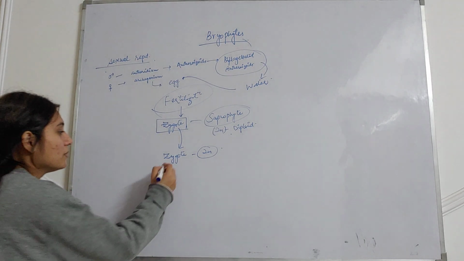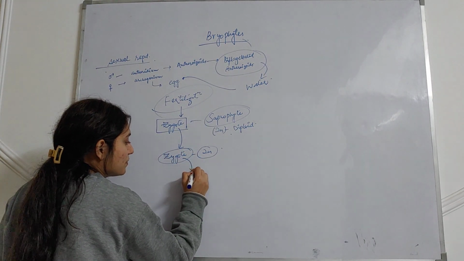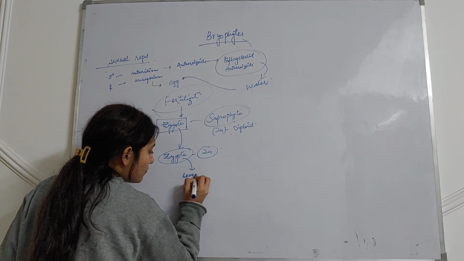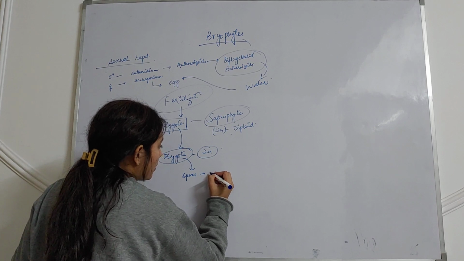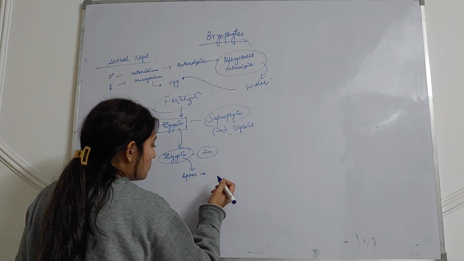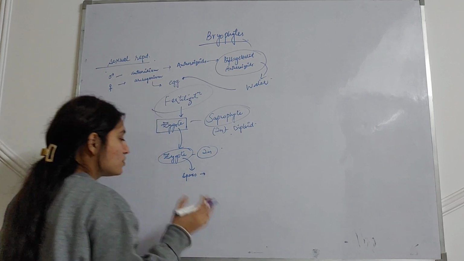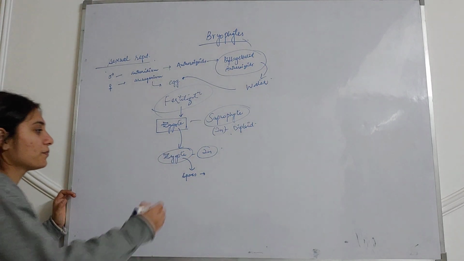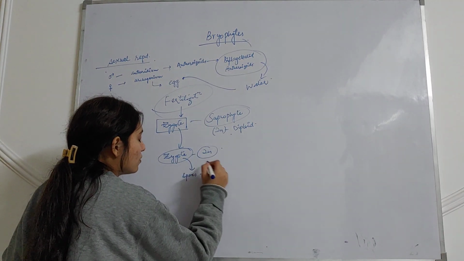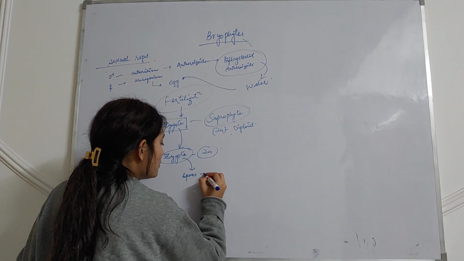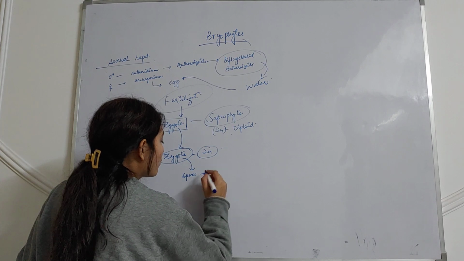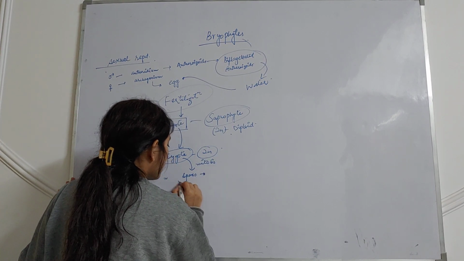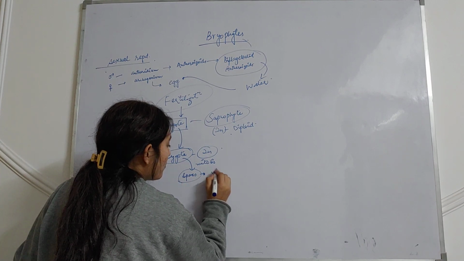After some time, zygote produces spores by reduction division, meiosis. Some cells differentiate and undergo division and produce spores which are haploid in nature.